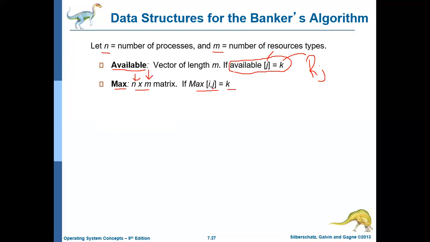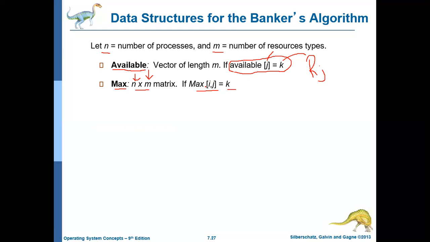So if max of i,j equal to k, then it means that process i can request at most k instances of resource type j. So this is the meaning of max of i,j equal to k.